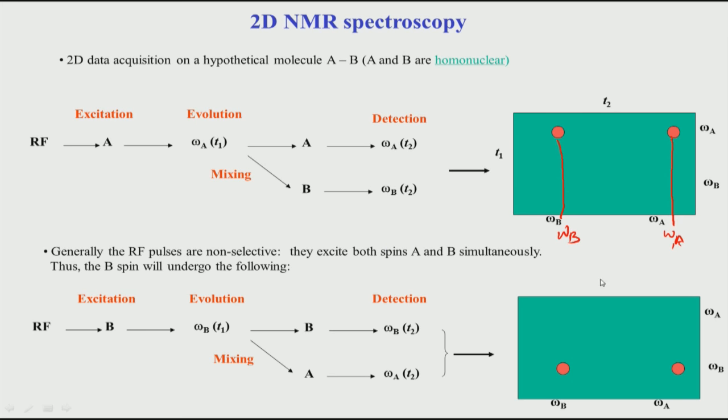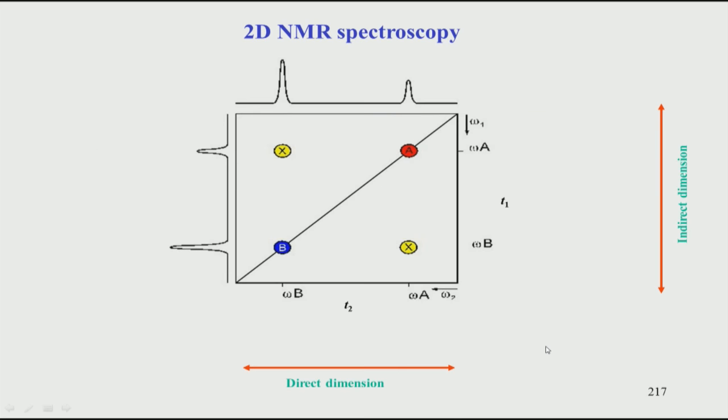Now you have to combine these, because we analyzed them separately, and this is what you will get: a 2D spectrum looking like this. This is called the diagonal peak, and the diagonal peak contains the same frequency on both sides. We saw this comes because 100% of the magnetization is not transferred from one spin to the other.